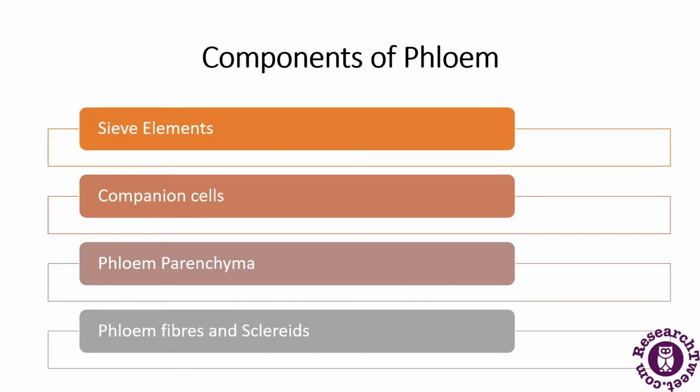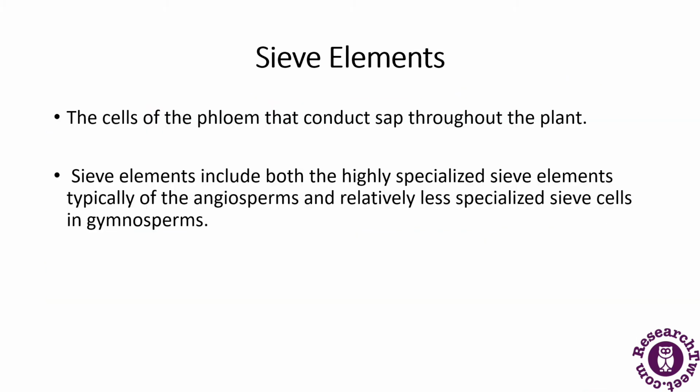Now these are some of the components, which were also depicted in the previous diagram. The components of phloem are the sieve elements, the companion cells, the phloem parenchyma and the phloem fibers. These are the four components of the phloem. So what are sieve elements?